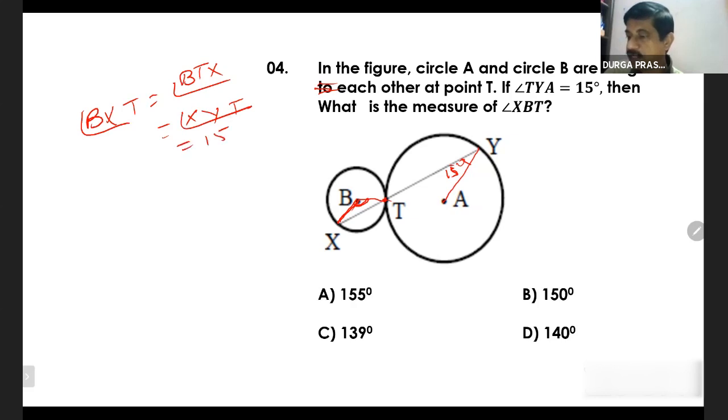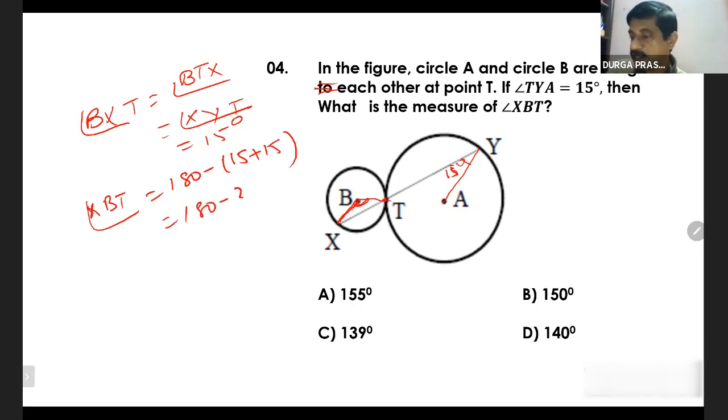That is equal to 15. So angle XBT equal to 180 minus of these two angles, 15 plus 15.